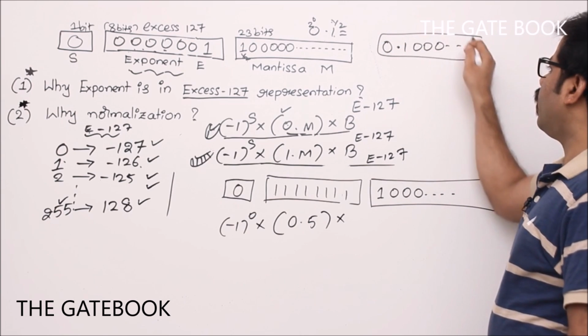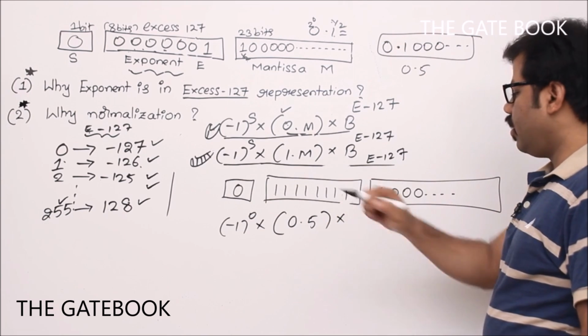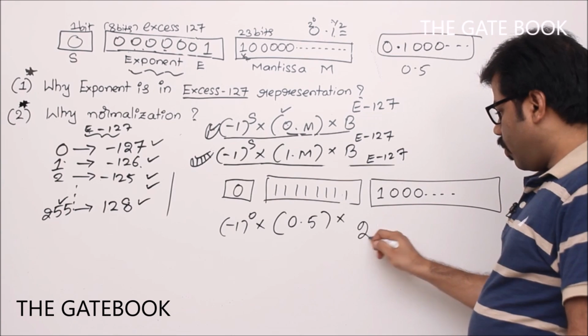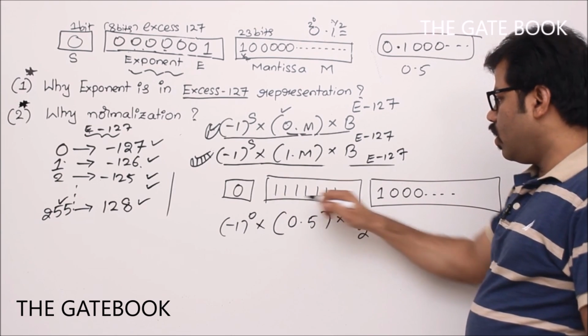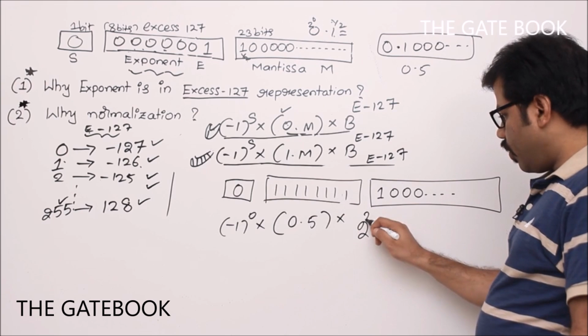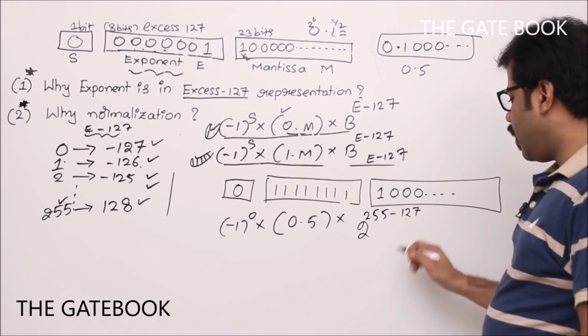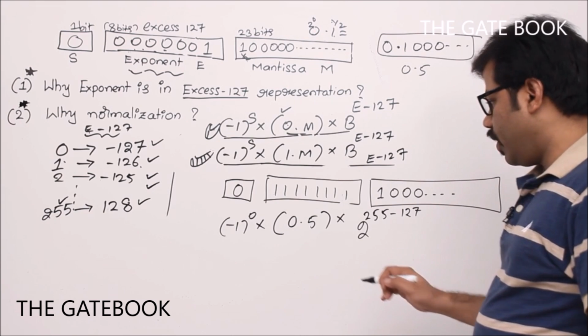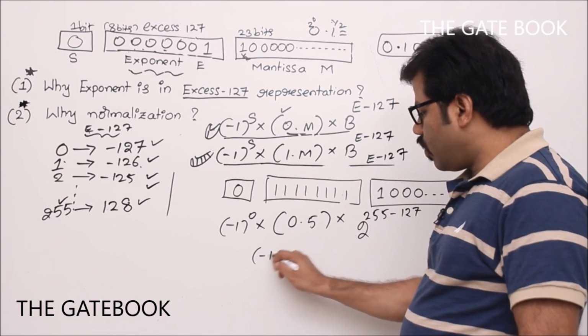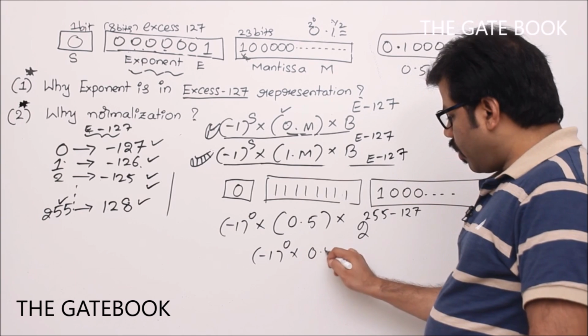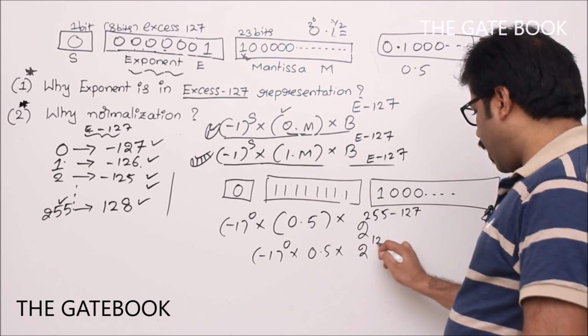So this is equivalent to 0.5 in decimal, right? Into base power 2 to the power of exponent. Exponent here is, see, all ones means 255, but from 255 we remove 127. Then it will represent 2 to the power of 128, correct? So it would become -1 whole power 0 into 0.5 into 2 to the power of 128.